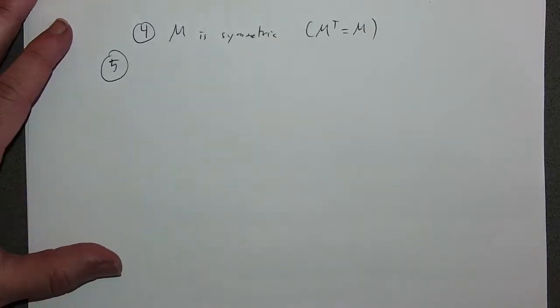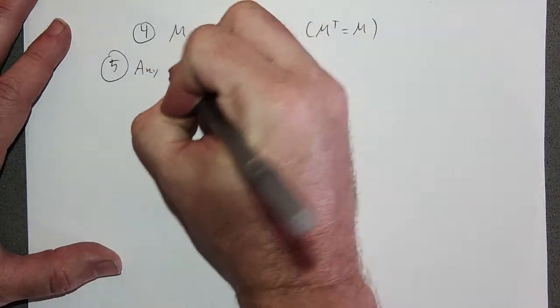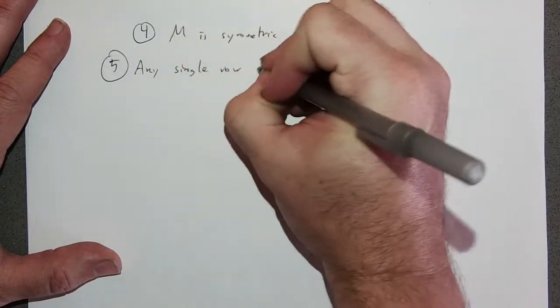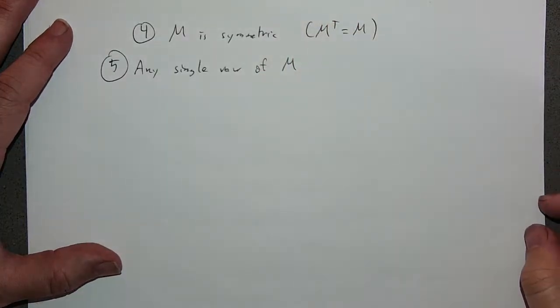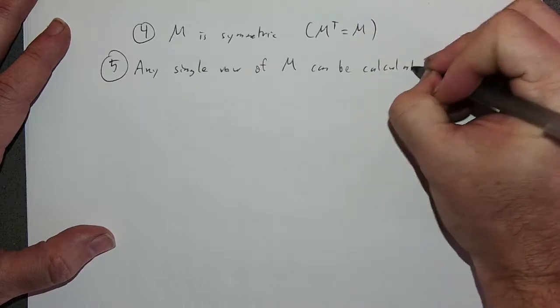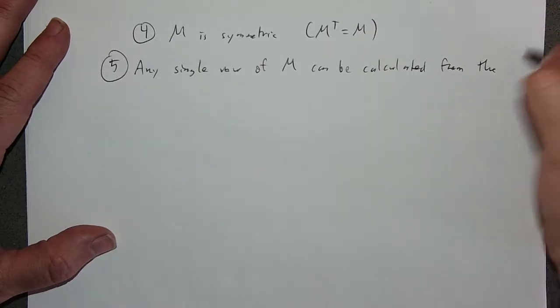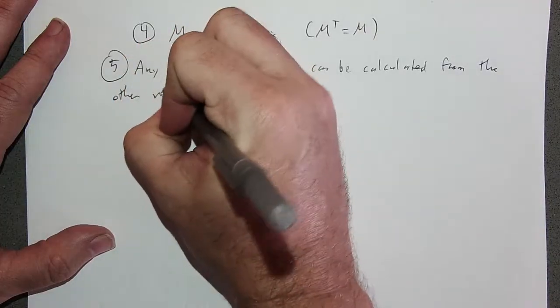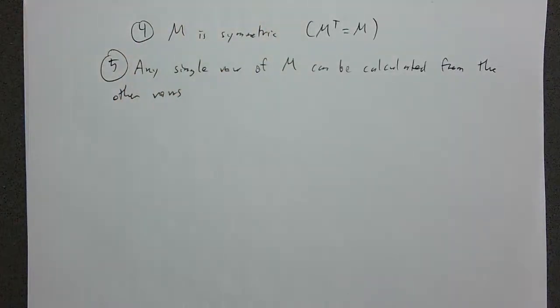So the first thing is any single row of M can be calculated from the other rows. And why is that? Well, if I eliminate a row of M, but I keep all the other rows, I can reconstruct that row that I deleted from the fact that the other rows still give me a complete game history.